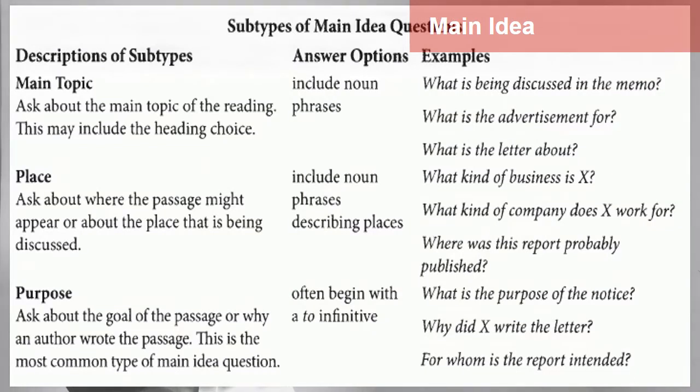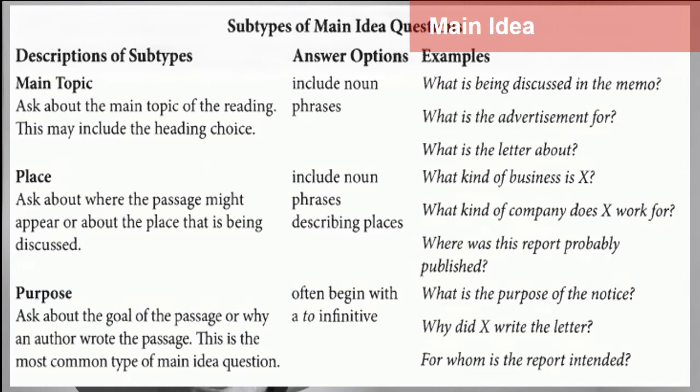For example, on the left hand side you see main topic, that is subtype 1, and then we have the place, and then we have the purpose. Answer options include noun phrases for main topics, phrases with descriptions of places for places, and for purpose you will often see infinitives.